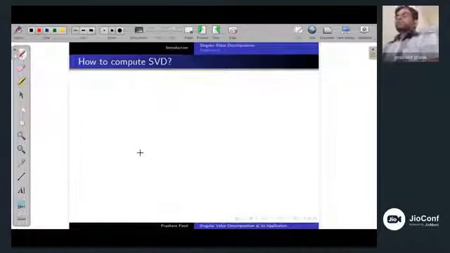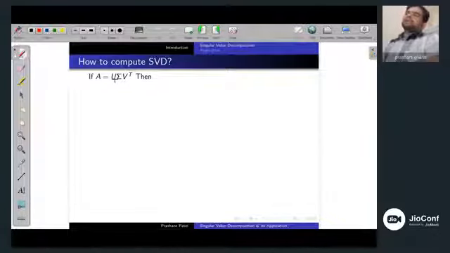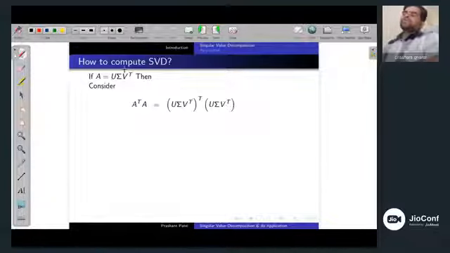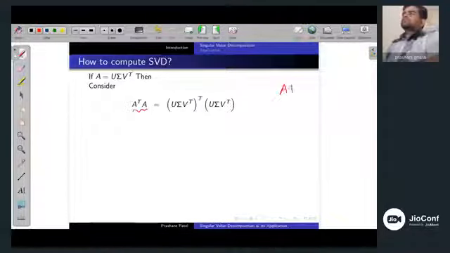Now we'll see how this singular value decomposition can be computed. We have A is equal to U sigma V transpose. Then we can take the product A transpose A. We substitute the value of A, and we know that the transpose of AB gives you B transpose A transpose.